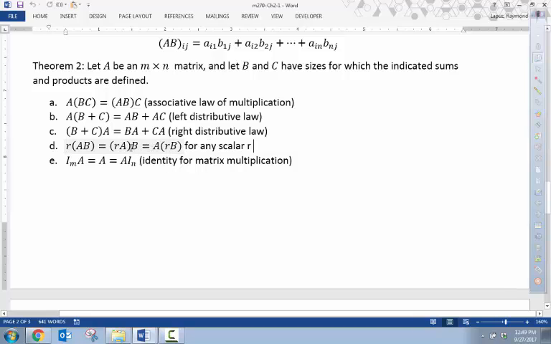Scalar multiplication is associative, and they have a multiplicative identity element, and that's the identity matrix. And if it's not a square matrix, then the identity matrix from the left side is different from the identity matrix on the right side, which is this last thing over here.